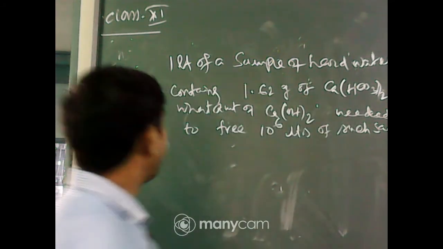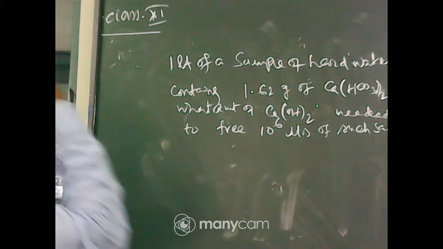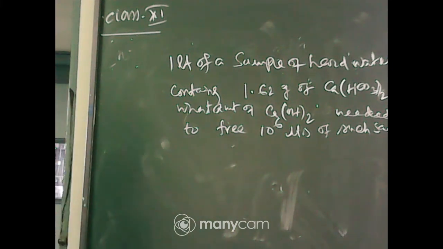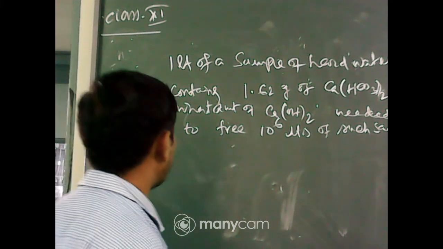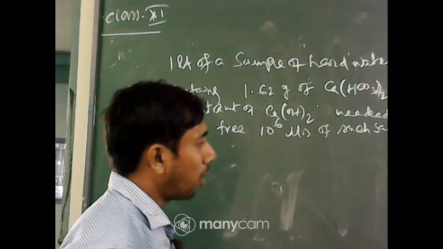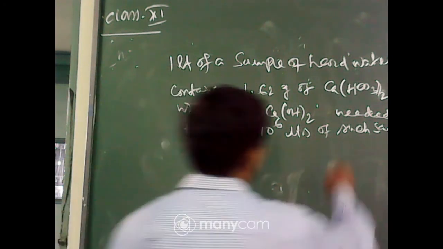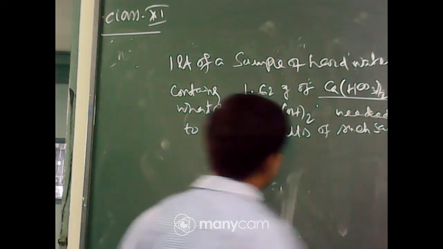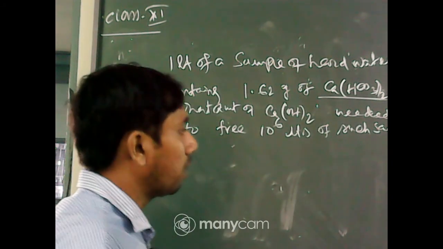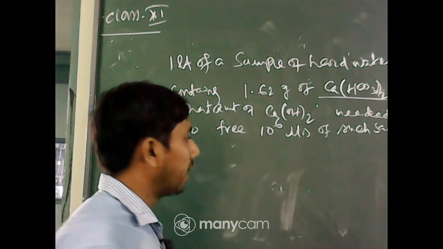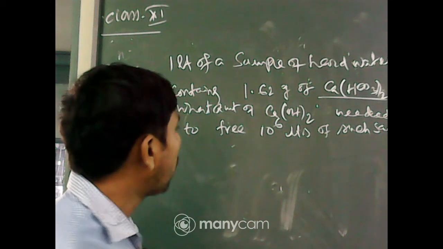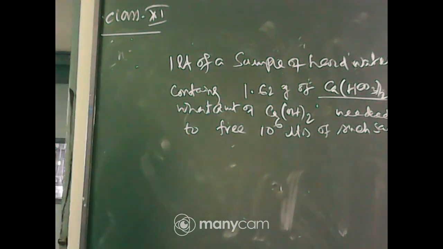Okay. So, 1 liter of a sample of hard water contains 1.62 gram of calcium bicarbonate. Now, first of all, you have to know the atomic mass of that constituent, because you have to calculate the molecular mass of that.